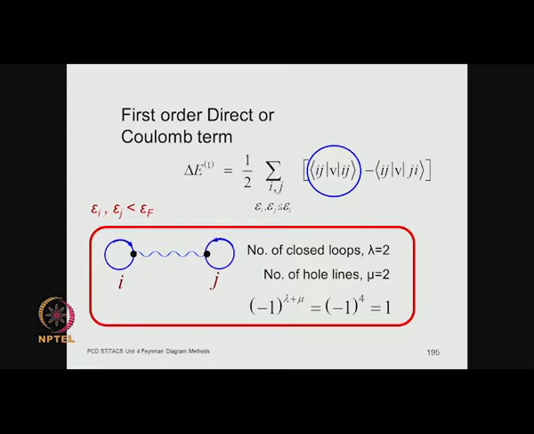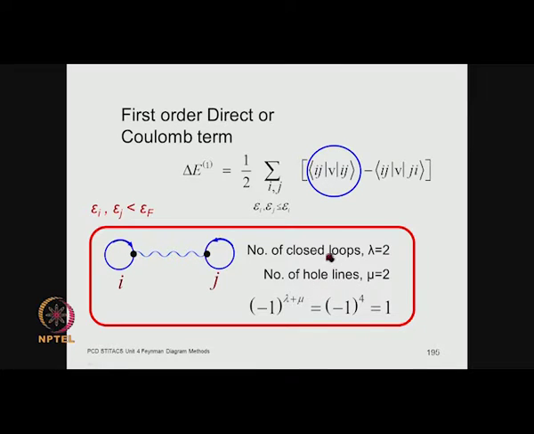Okay. So, this is the situation, and what it does is, if you take the contribution of lambda and mu together, you get a phase factor which is -1 to the power lambda plus mu, which in this case is equal to +1. And what this diagram does is to contribute a +1 sign to this matrix element.